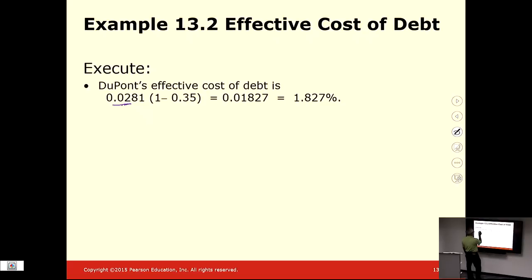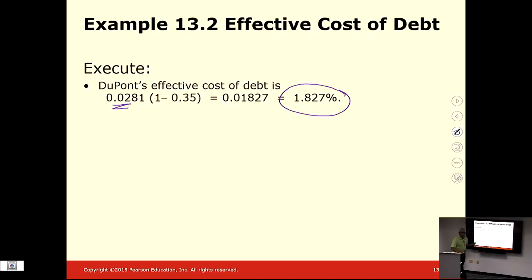So effective cost of debt is 2.81% times 1 minus the marginal tax rate, or 1.827%. So even though investors are getting 2.81% yield on their investment, the company is only paying a cost of 1.827% on the debt.